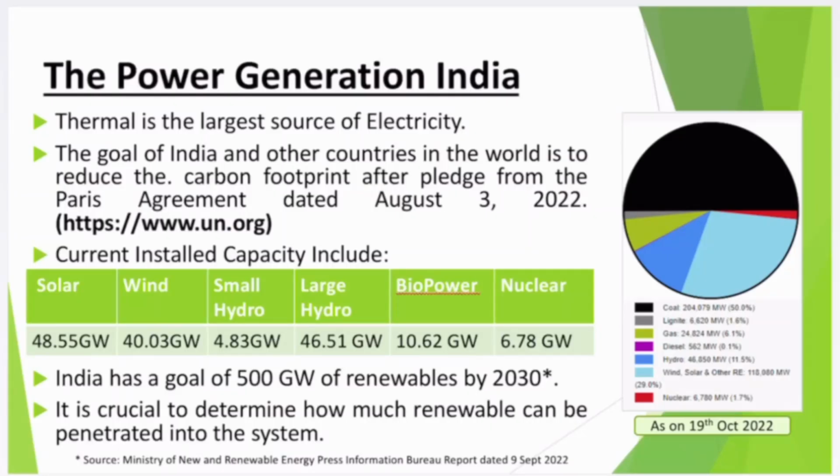But we have a large goal set for India, considering the aspiration of middle class Indians who are going to consume more energy in the next 10 to 20 years to come. So India has a goal of 500 gigawatt of renewable installation by 2030. It is crucial to determine how much renewable can be penetrated into the system.